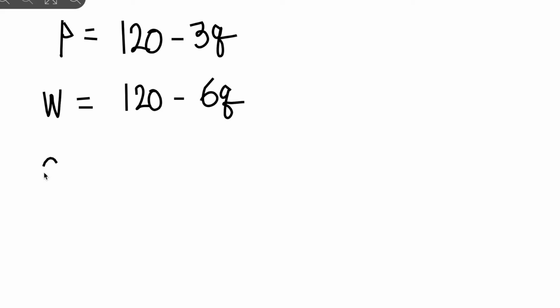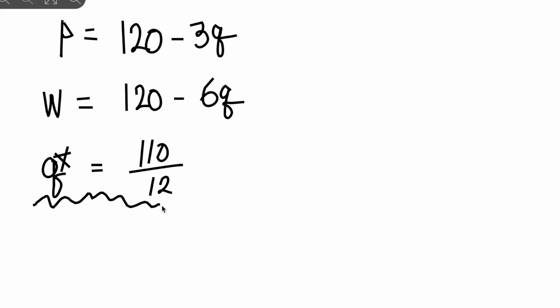And we got Q star equals 110 over 12, right? So what we can do is, using this equilibrium quantity produced, we can get P and W, right? So once we plug Q star in, we'll get P star and W star, right?